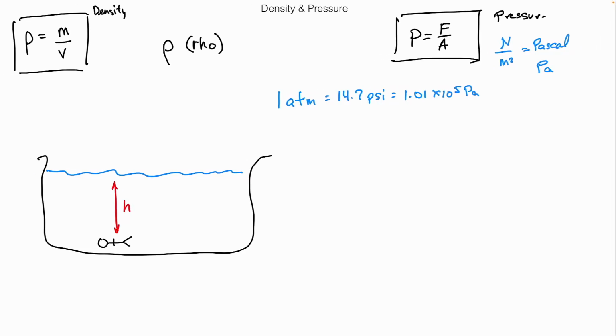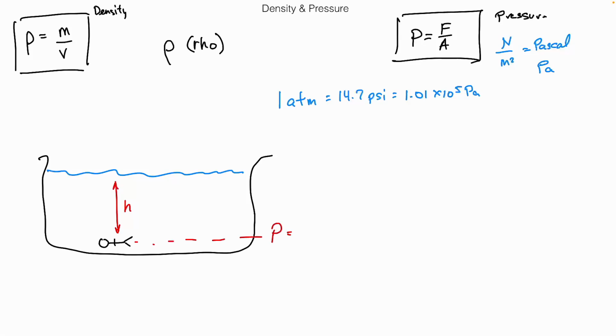The pressure at this point is a combination of the atmospheric pressure pushing down, P naught, plus the pressure that is being caused by the water that you are in. That extra pressure is rho times g times h. Notice, pressure has units of what?